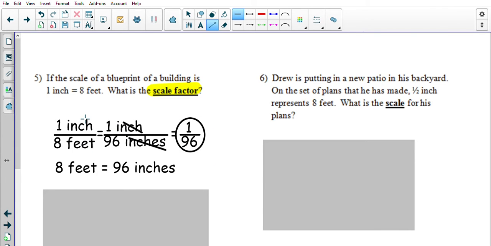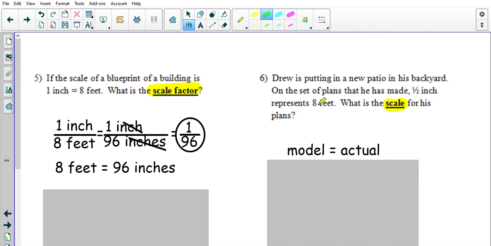Again, we want to make sure for scale factor, which is a fraction, units of measure need to be the same. Number 6, Drew is putting in a new patio in his backyard. On the set of plans that he has made, 1/2 inch represents 8 feet. What is the scale for his plans? So that's model equals actual.